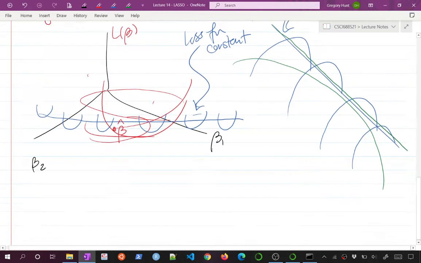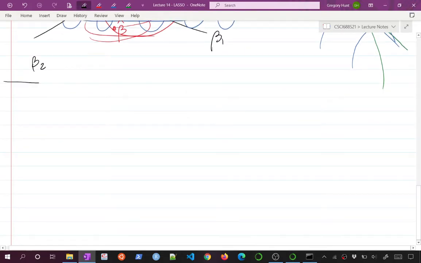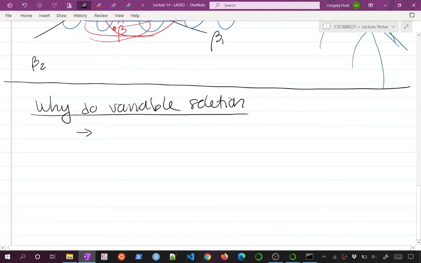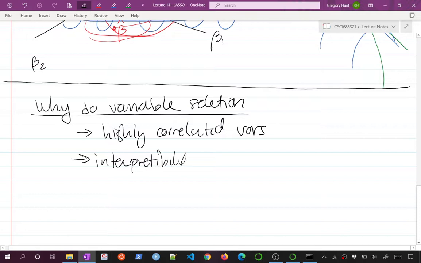Okay, so that's nice. It helps solve one of the reasons that we might want to do variable selection, right? We talked about 2 lectures ago that we could solve this with variable selection, and one reason was that we would have highly correlated variables, and the other was interpretability, that we might want to select out the most important covariates to include in our model.